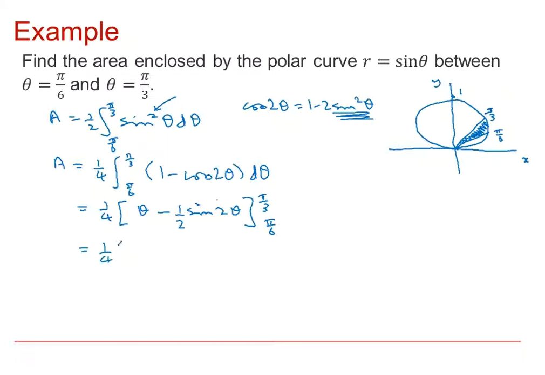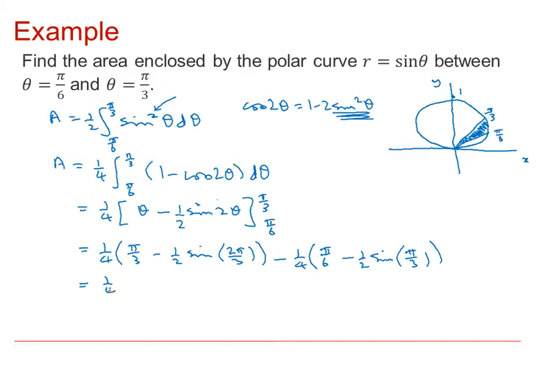I'm putting the limits in now. So here goes the top limit: pi by 3 minus a half of sine 2 pi by 3, minus, and now we're putting the bottom limit in, pi by 6 minus a half of sine 2 pi by 6, which of course is pi by 3.